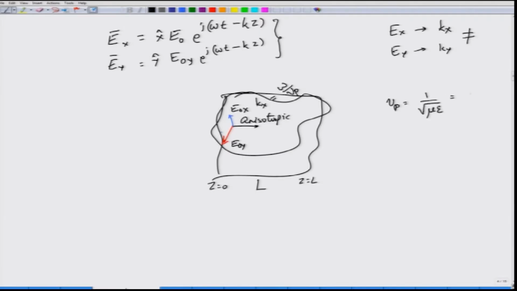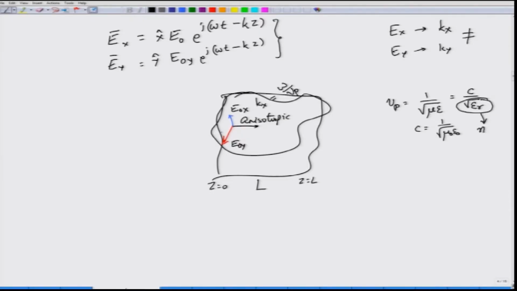This can be rewritten as c by square root epsilon r, where c is the speed of light in vacuum, given by 1 by square root mu 0 epsilon 0, and epsilon r is the relative permittivity of the medium. This square root of epsilon r, in optical literature, is denoted by n, standing for the refractive index of the medium.